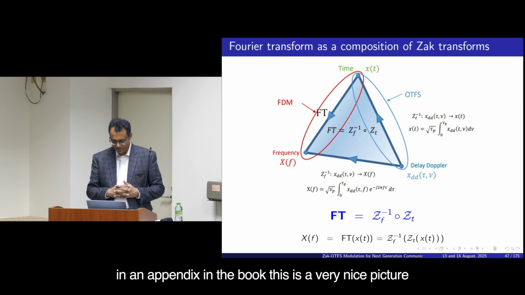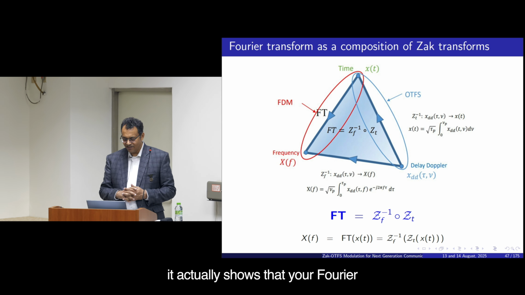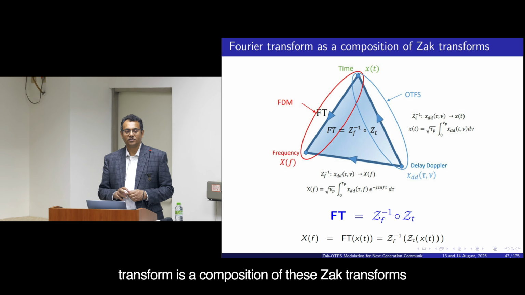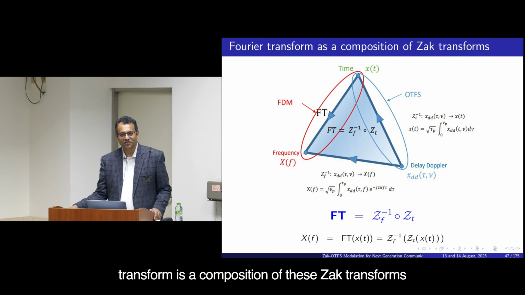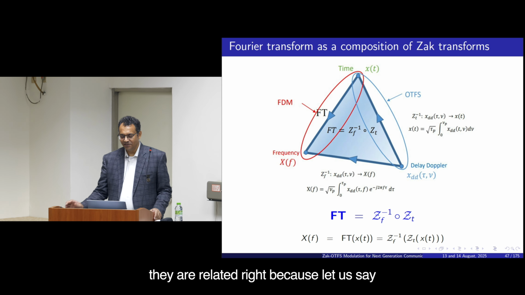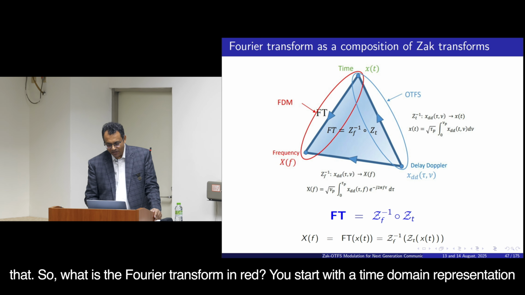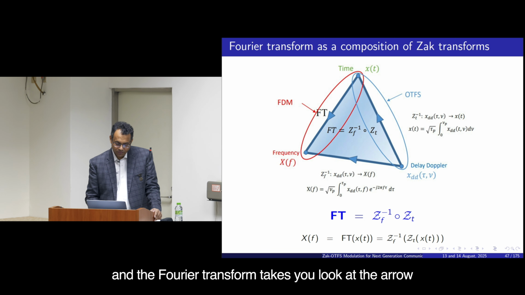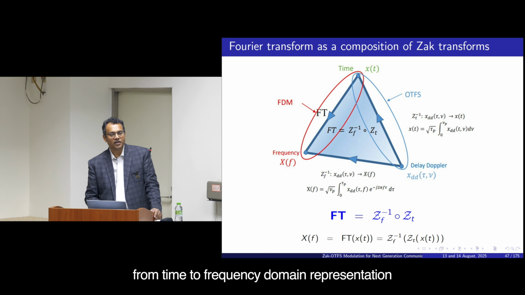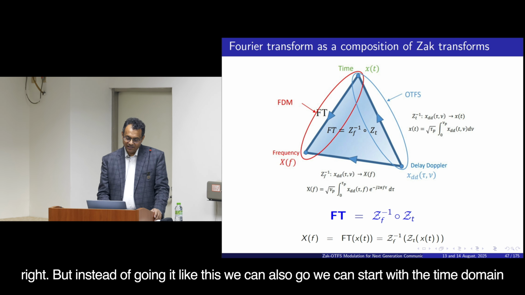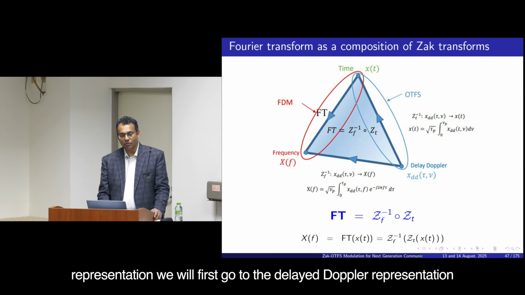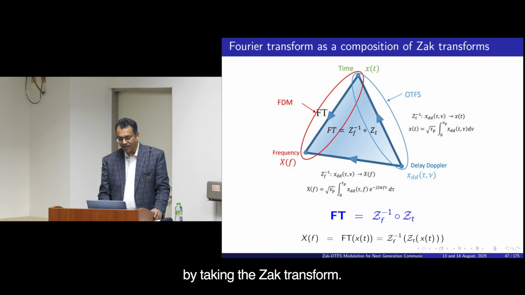This is a very nice picture. It actually shows that your Fourier transform is a composition of these Zak transforms. They are related, right. So, what is the Fourier transform in red? You start with a time domain representation and the Fourier transform takes you, look at the arrow, from time to frequency domain representation, right. But instead of going like this, we can also start with the time domain representation and first go to the delay-Doppler representation by taking the time Zak transform.